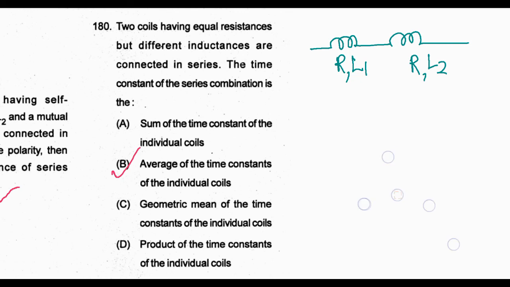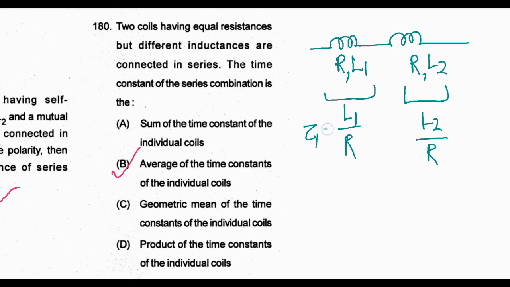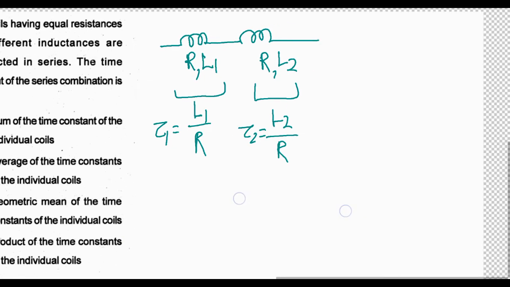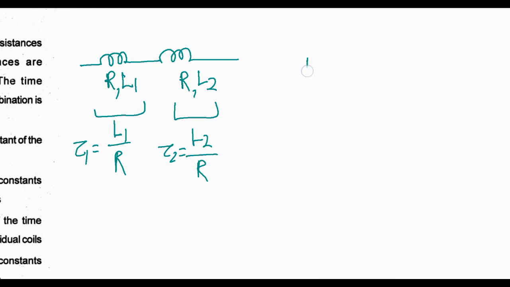For this part, the time constant will be L1 by R, and for this part this will be L2 by R. These are the time constants. I can say that this one is tau 1 and this one is tau 2. So what will be the time constant of the series combination? See, if we consider the series combination, total inductance will be L1 plus L2, and what will be the resistance? Resistance will be 2R, because the resistances are constant for both the inductors.